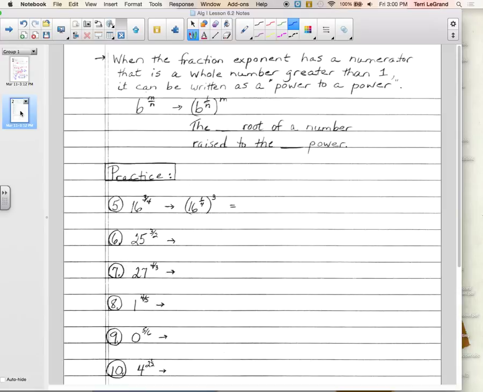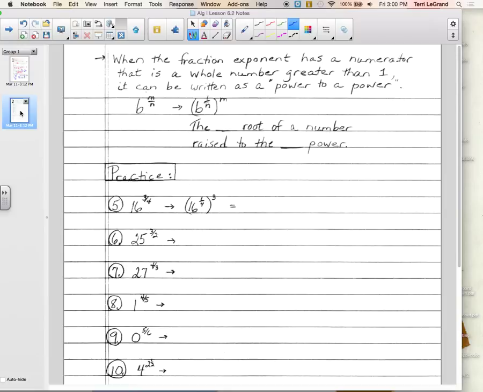What happens when you are taking a power to a power? What do you do to simplify it? Subtract those exponents? Add those exponents? You multiply them. Remember, when it's a power to a power, you multiply them.